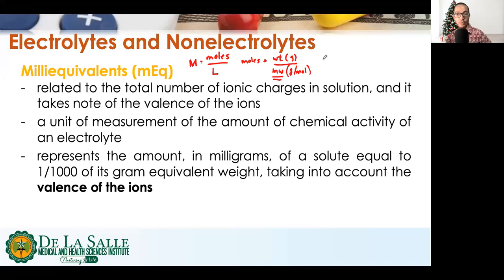And now we can compute for the millimoles by simply multiplying by 1,000 the grams of the substance divided by the molecular weight of the substance in grams per mole. So why is that?